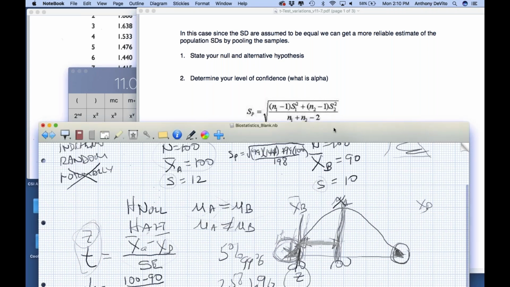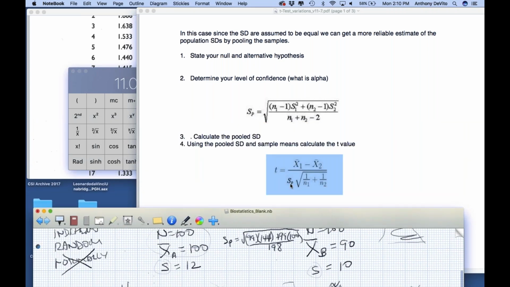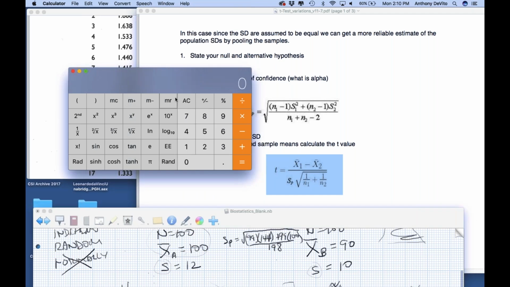Okay, so I'm going to calculate the second part of this, which is 11.05 times the square root of 1 over n1 plus 1 over n2. 1 over n1 is 1/100th. 1 over n2 is 1/100th. 1/100th and 1/100th is 2/100ths, or 1/50th, or 0.02, right?